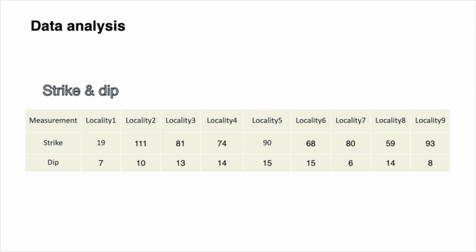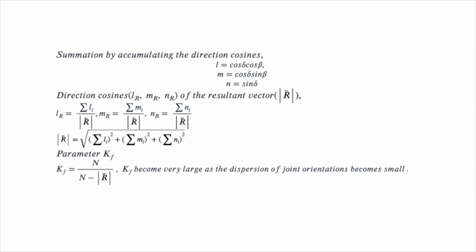We used the method of summation of direction cosines to improve the accuracy of the data and to better understand the average orientation of the discontinuities. This method calculates the direction cosine of the resultant vector after accumulating and summing each direction cosine.